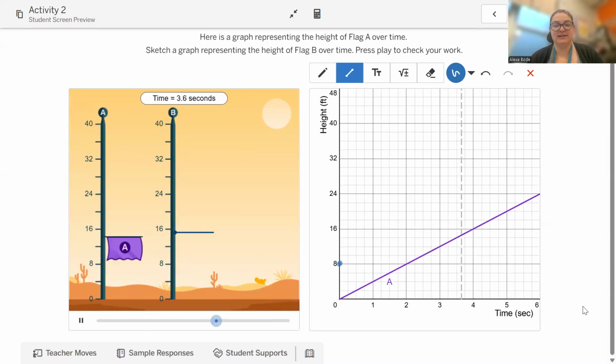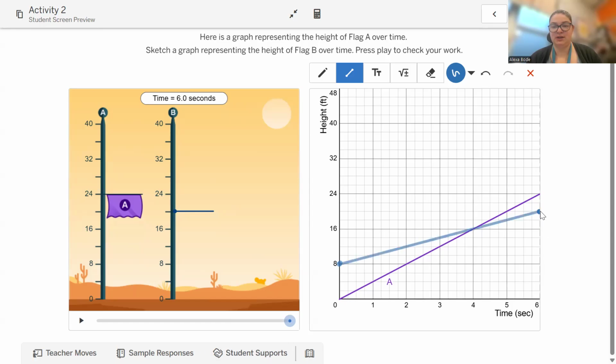We know after 6 seconds, this flag made it up to 20 feet. So at 6 seconds, it is at 20 feet right here. If I connect these two with a straight line, there is that flag. And we can press play to see if we are correct.